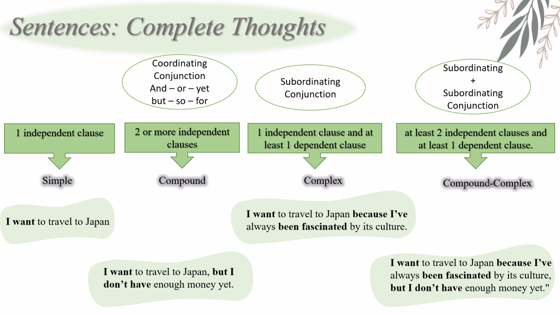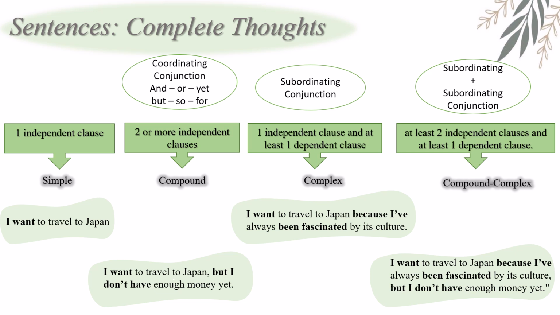Now let's move on to more complex structures, starting with the complex sentence, which consists of one independent clause and at least one dependent clause. So for example, I want to travel to Japan, my first independent clause, because I've always been fascinated by its culture, my first dependent clause that depends on the meaning of the first one to be complete.